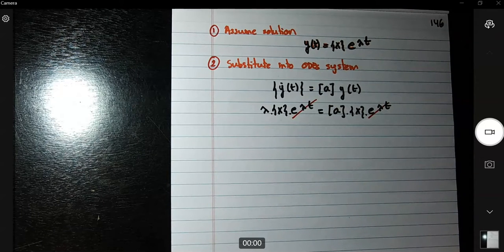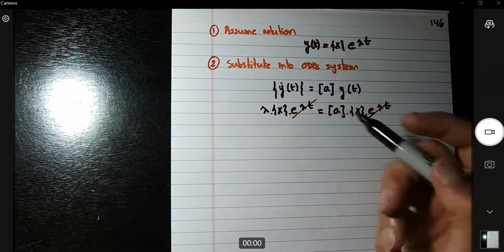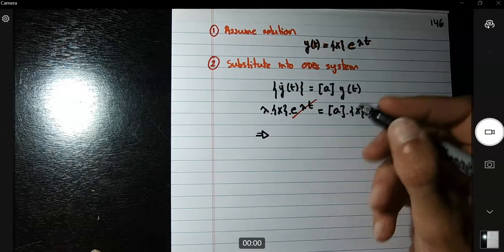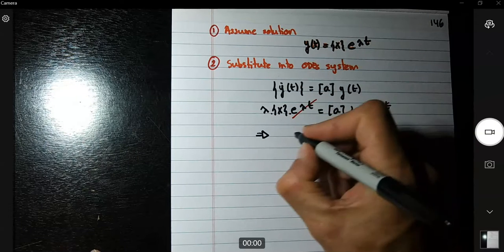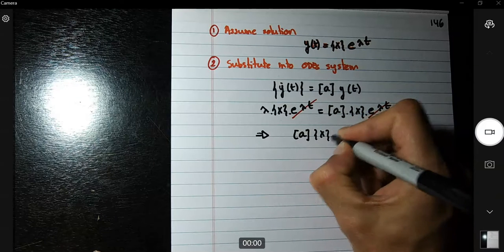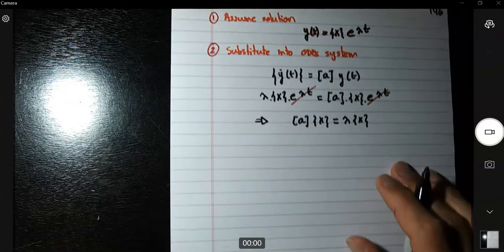So that at the end you end up basically with the expression A x equal to lambda x, which is the definition of an eigenvalue problem.